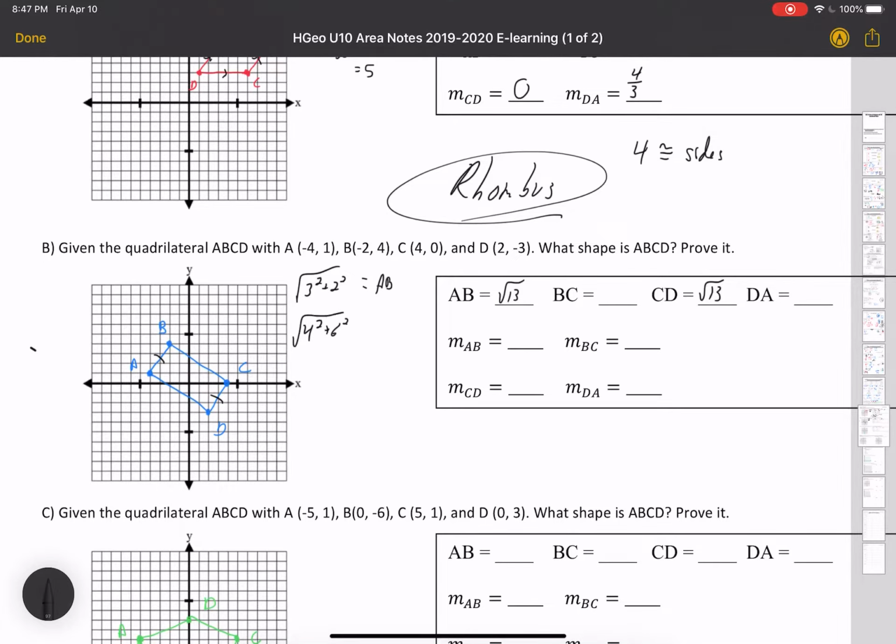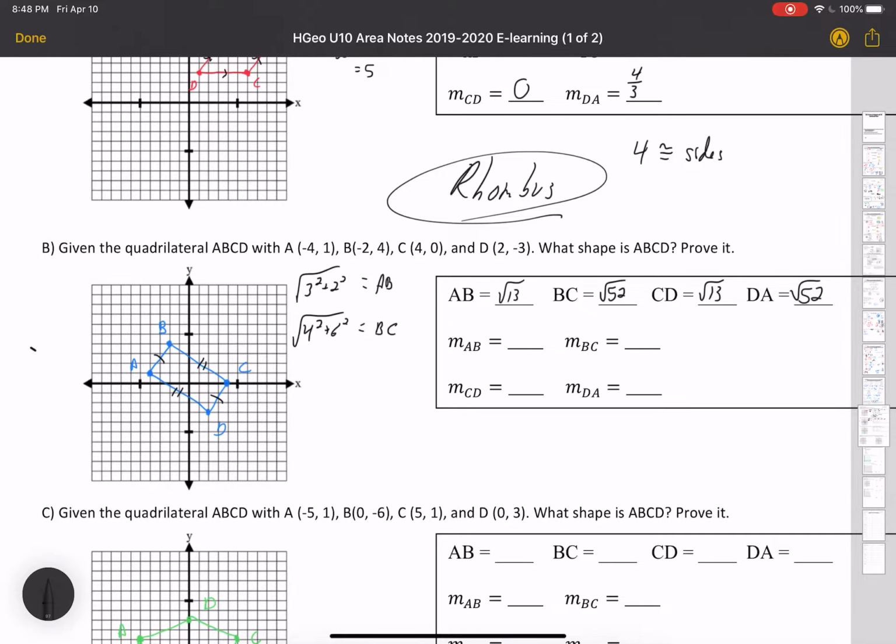So I've got 16 plus 36, and if I take the square root of that, BC is going to be the square root of 52. And we'll notice that DA, just double checking, is the same. So we've got that opposite sides are congruent.